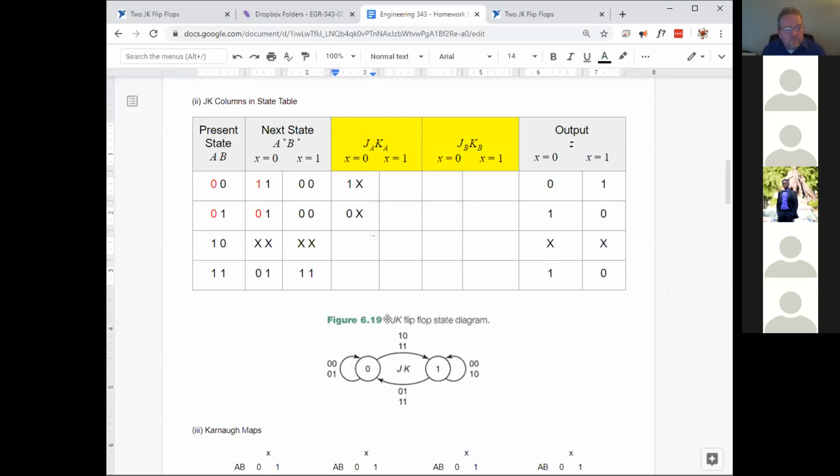Going down to the next one, can't we just put don't cares for both of those? If we don't care where we land, we can actually just put don't cares across the whole thing here, because we don't really care about this. We're not even allowing this two flip-flop state to exist. We only want to have 3 circles, and it's going between those 3. Oh, that's right. I forgot about that.